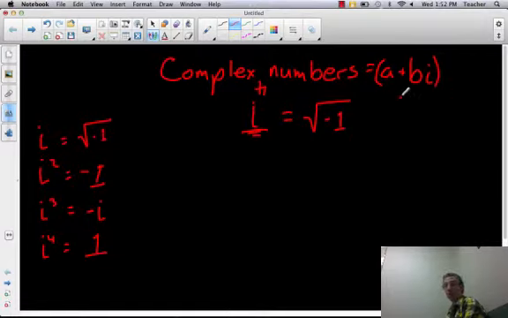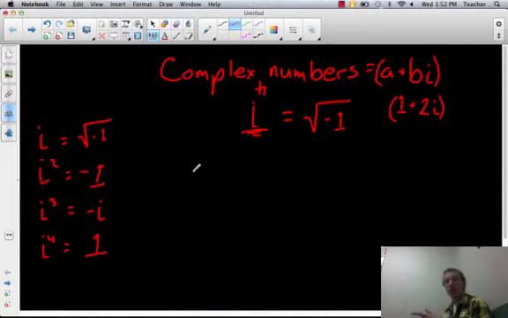So, as an example, 1 plus 2i is a complex number. This is all technically one number, because we have 2i, and this isn't a real number. But 2 is, because it's the constant times the i. And then we have a, which is a constant plus this part. Now, that is kind of important, and you'll need to remember it.